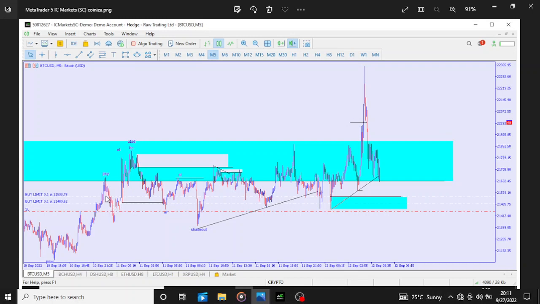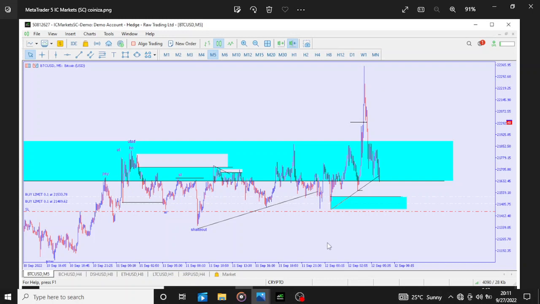I saw a nice distribution, and the price broke this H1 point of interest that was identified. And I noticed that after the price distributed, it started to accumulate, manipulating the lows, manipulating this momentum trend line, and breaking structure to the upside.